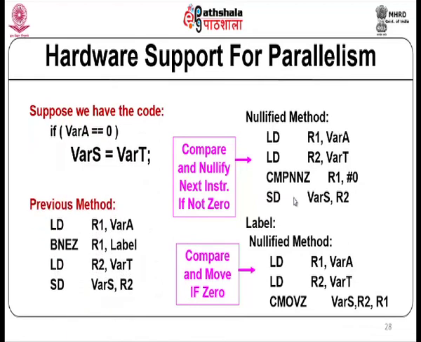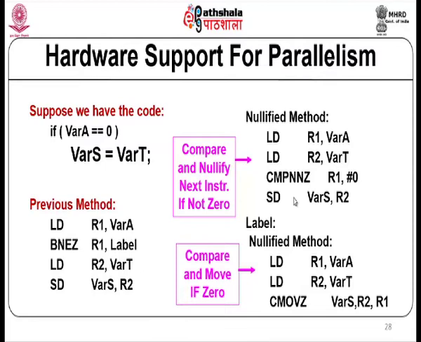Say for example, if your variable A is equal to 0, then you will have to copy variable T into S. If we do not have support for predicated instructions, this will be translated into the code that has been shown here. You have a load instruction which loads variable A into R1, and then you check whether it is 0 or not. If it is not equal to 0, branch on not equal to 0, you skip to the label.